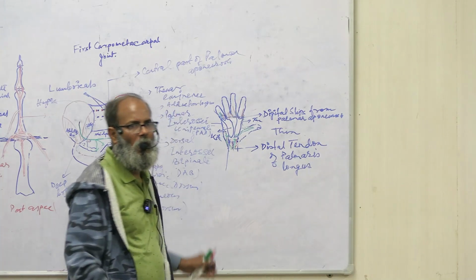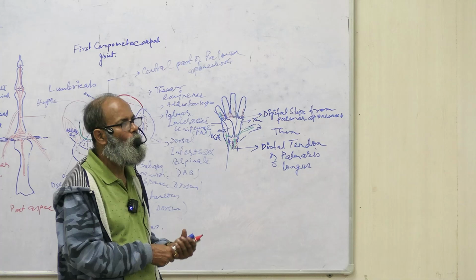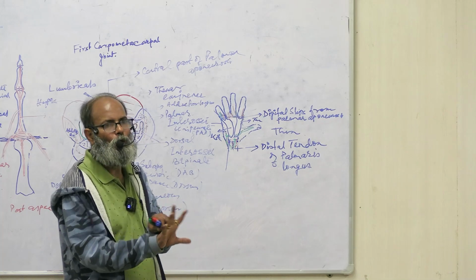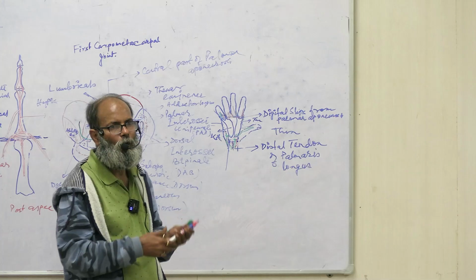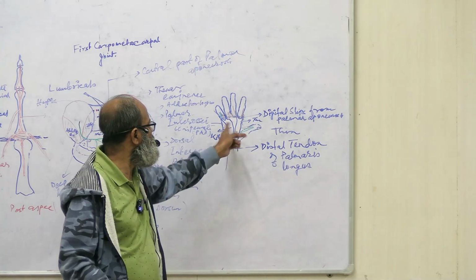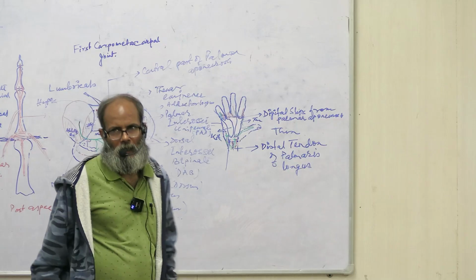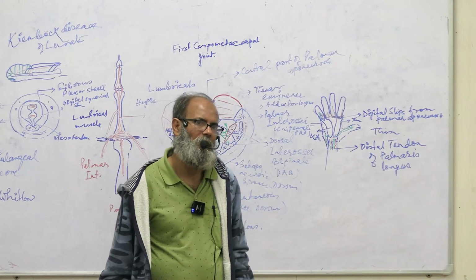If you want to drain this, you have to slit from the dorsal side. You have to open the web space, slit the web space, and then you can drain the thenar space and the midpalmar space if there is an infection.